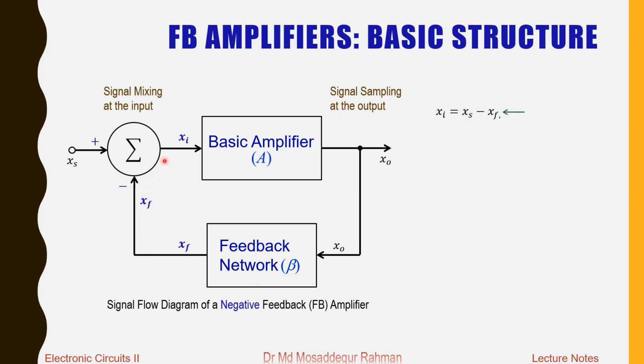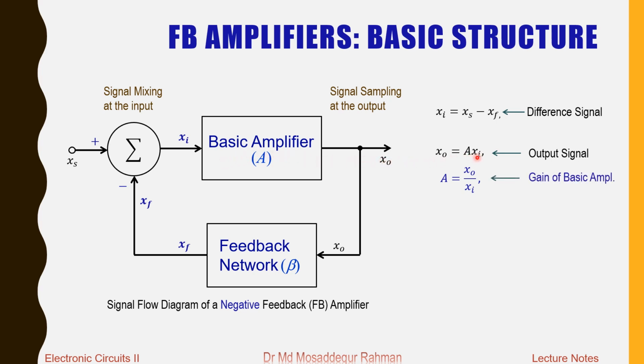Now Xi here is the difference between the two signals. One is the source signal, the other is the feedback signal, and that is known as the difference signal. So Xi is the difference signal that goes into the input of the basic amplifier, and Xi is amplified by the basic amplifier to get the output X0.